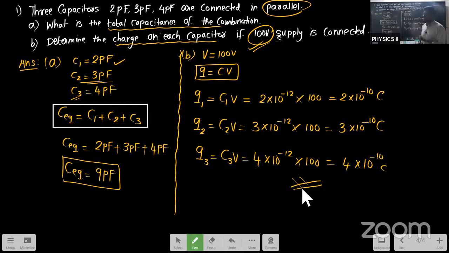Let us move on to the next numerical which may be asked in the examination. See here, let me note down the question. Second numerical from electric potential and capacitance.